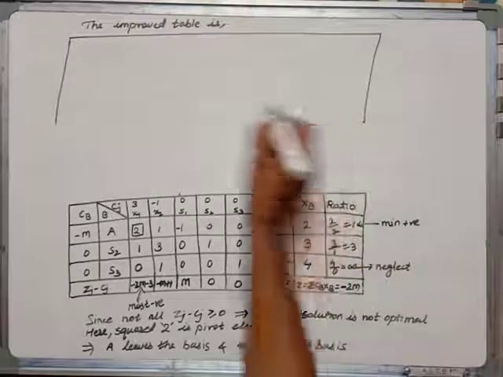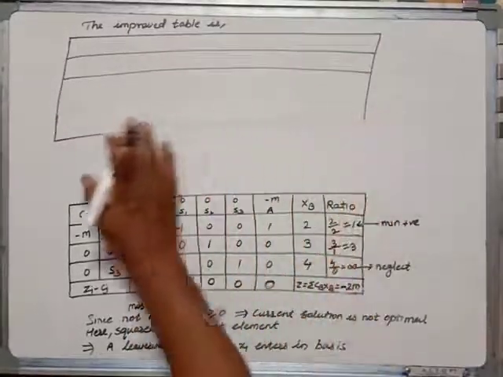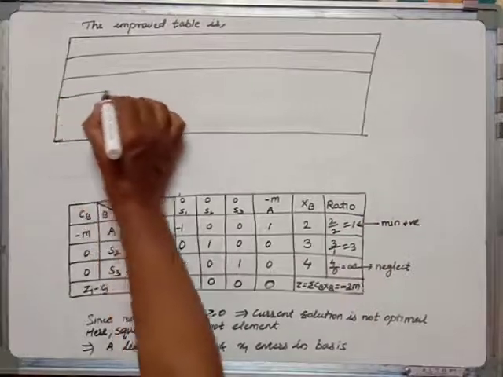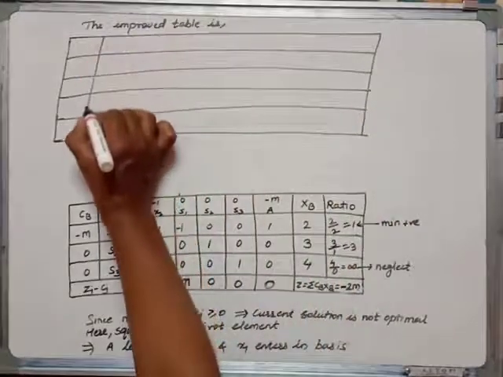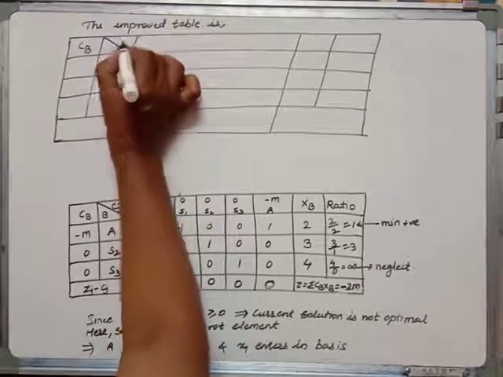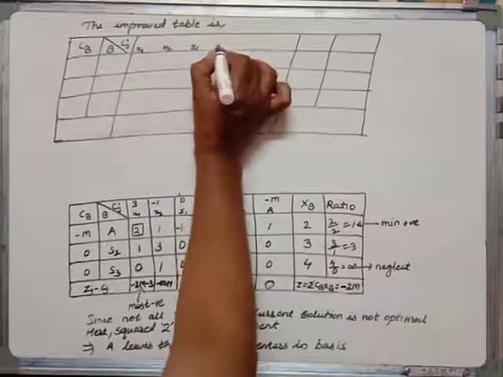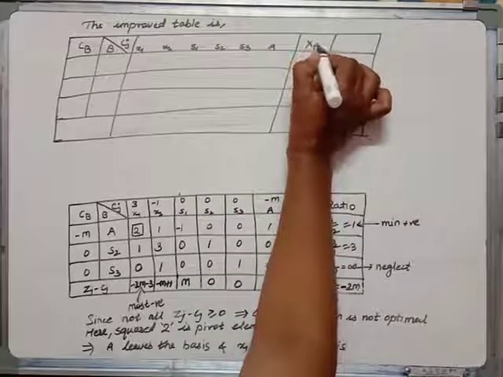again same rows and columns are here. So here CB, CJ, B, X1, X2, S1, S2, S3, A. Here we get XB, ratio.